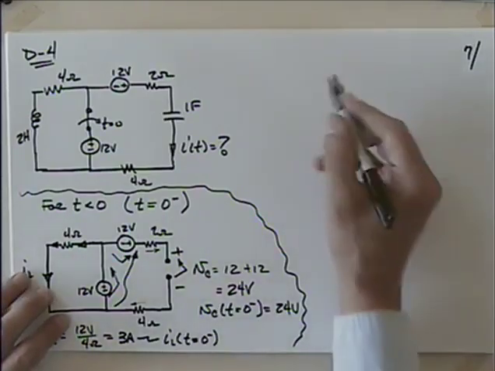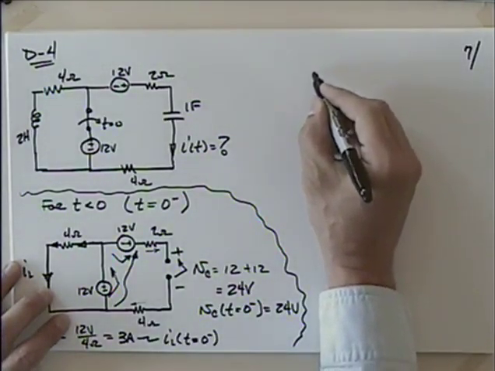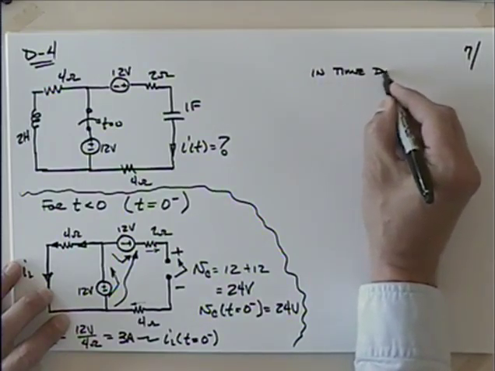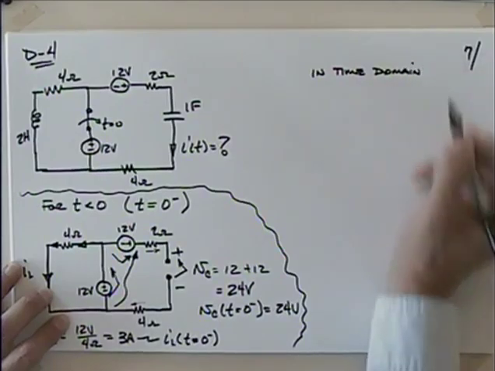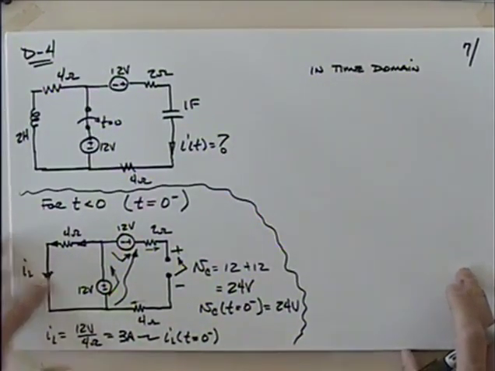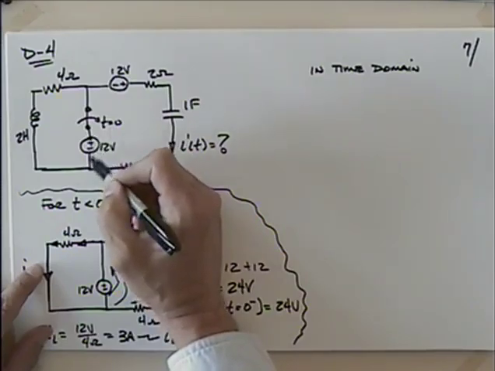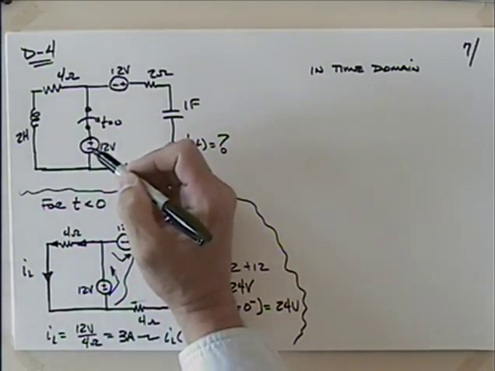So what does this thing look like in the time domain? Once we've thrown the switch, we open up the switch and we just have this voltage source hanging out here, not doing any good.